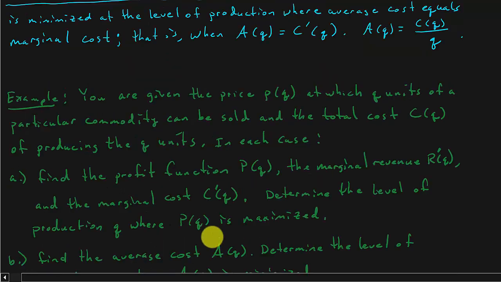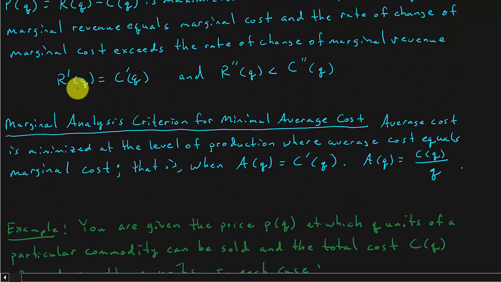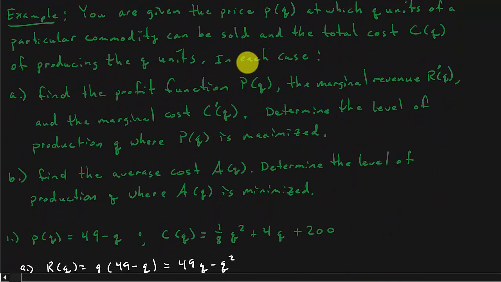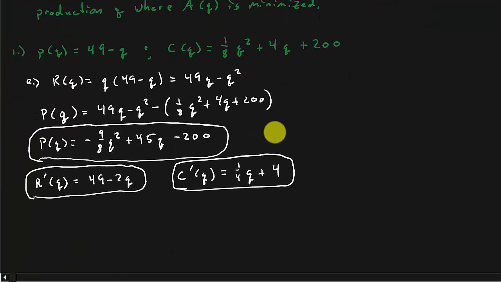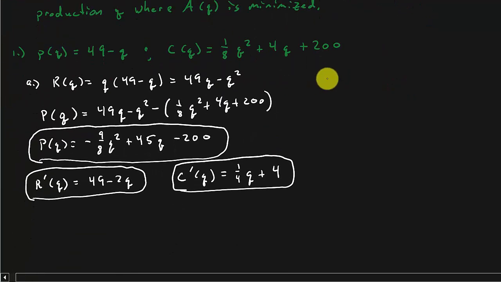So remember, from up here, that tells you that's when the marginal revenue equals the marginal cost. And so if we take the marginal revenue, 49 minus 2Q equals 1/4 Q plus 4. So move this over. So let's see, 2Q plus 1/4 Q minus 4.